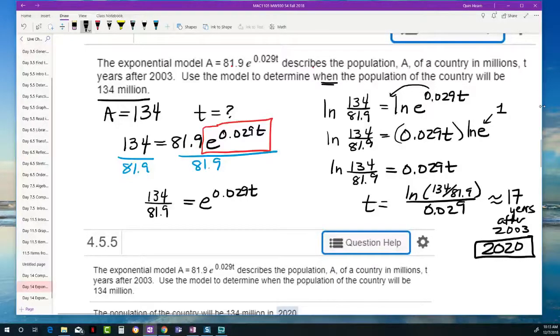Okay, so we expect that population to reach 134 million in 2020. Now, tell me, just looking at the formula, what was the population to begin with in 2003? What's the starting value? Hopefully you said 81.9 million was how many people were there in 2003.